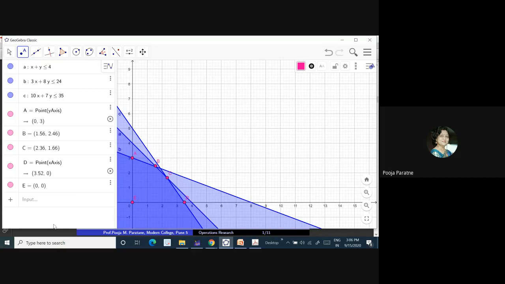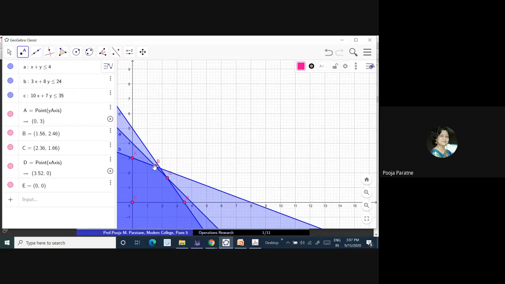So we know the coordinates of E, which is 0, 0. Then the coordinates of point A we can immediately find, because here it is 0, 3. Then the coordinates of point D we can also find, because this is one of the intercepts of line C, and I think it is 3.5, 0.